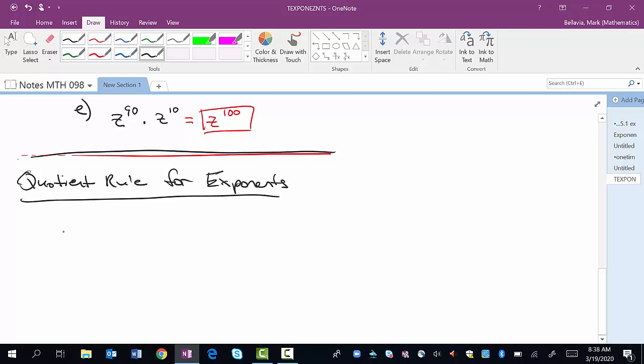Quotient means divide, so I'm really saying if I divide two things with the same base. So if I had x to the m over x to the n, you might be able to guess what's going to happen here. We're dividing two things with the same base, so what do you think will happen with their exponents? We really will be saying m minus n. We subtract them. So when you're dividing two things with the same base, you subtract their exponents.